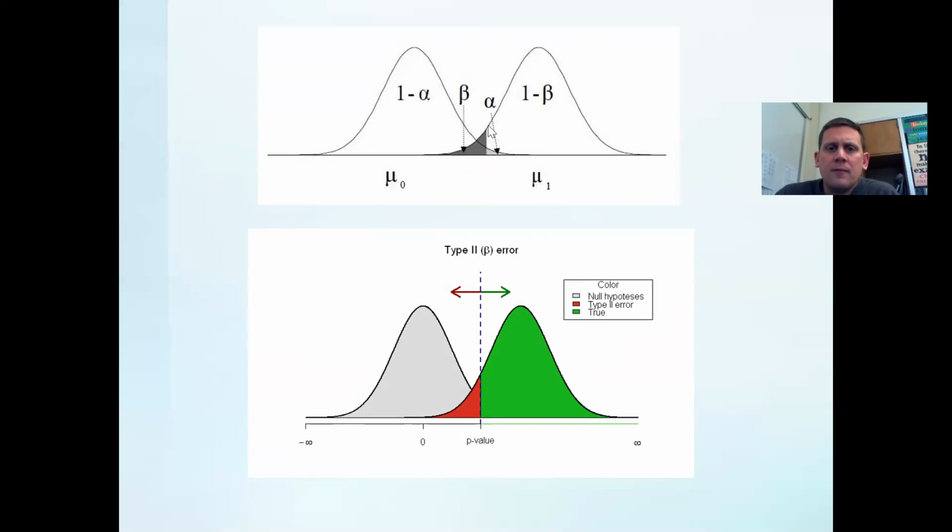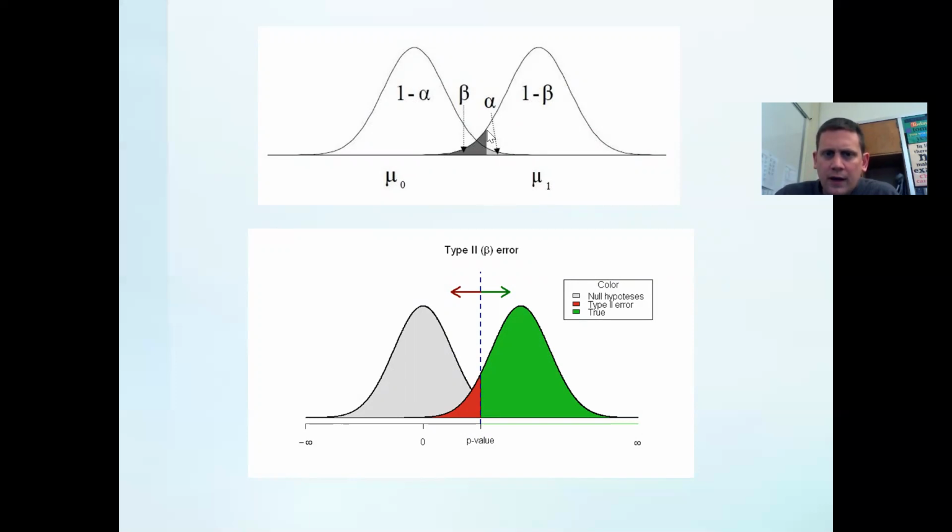And then beta is at that same critical value where that happens. That critical value where that occurs. And anything on this graph this way, that's type 2 error. So again, the boundary is really the same place.